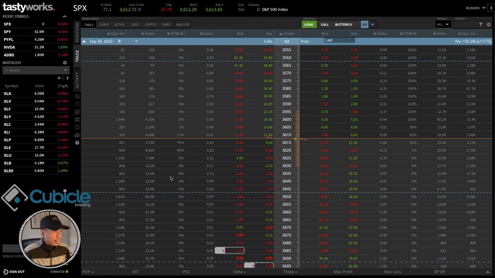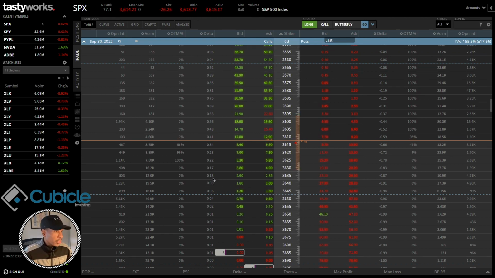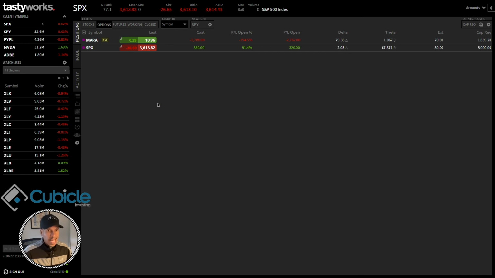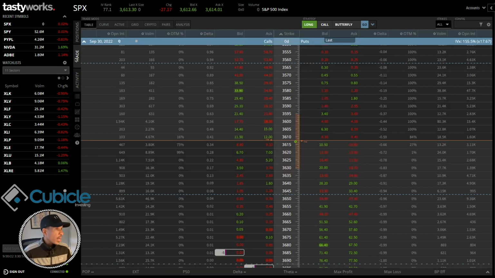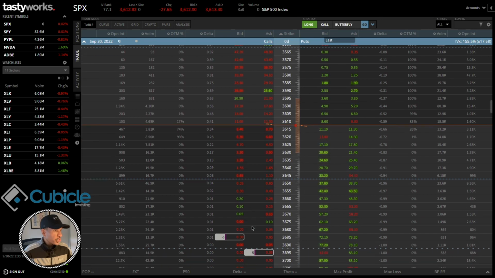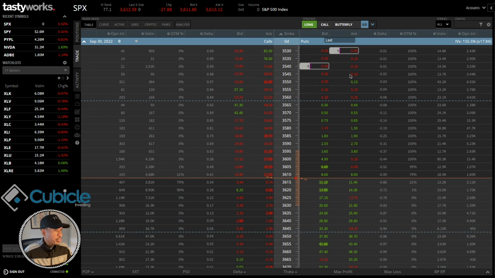But again, we're at roughly 3:30, so we've got 30 minutes before the market closes. I can pretty much close this out now if I wanted to, or I can just wait until 4 o'clock and let the position expire worthless, meaning that both positions, the vertical call spread and also the vertical put spread, will expire out of the money.